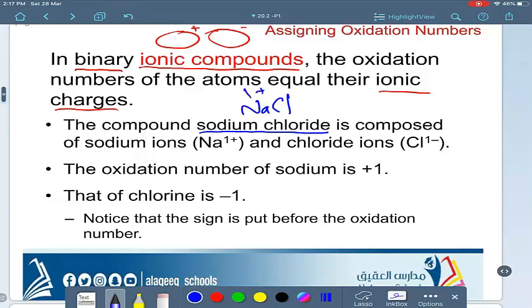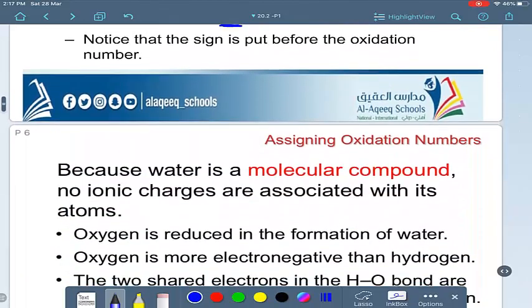You remember that? And chlorine has negative 1. These charges are the oxidation numbers. So the oxidation number of sodium is positive 1, the same as its charge. Also, chlorine has negative 1 charge, so it has oxidation number negative 1 as well.